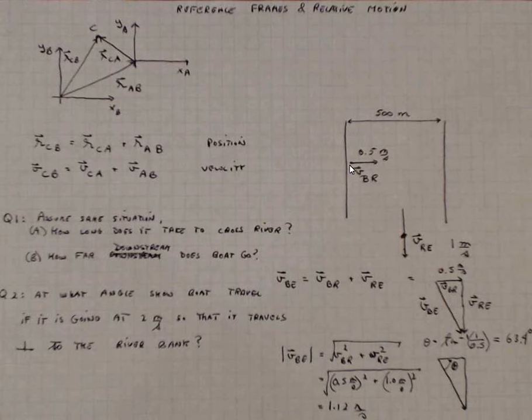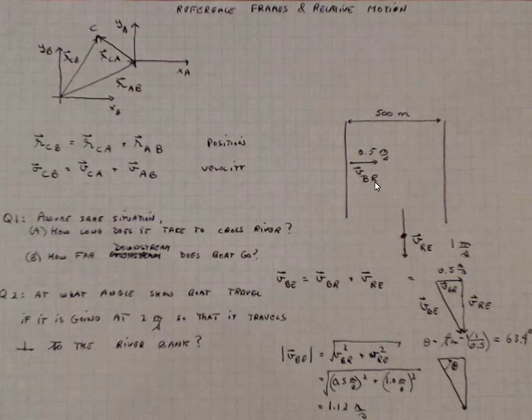And let's say a boat embarks from the left bank, and when it is in the water, it has a velocity of the boat relative to the water straight across horizontally of 0.5 meters per second.